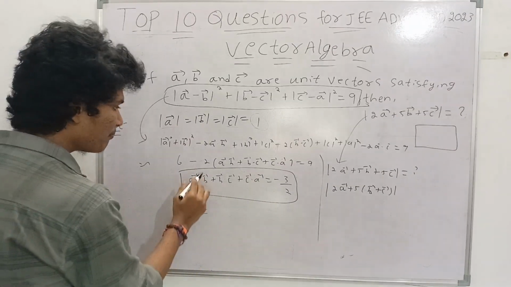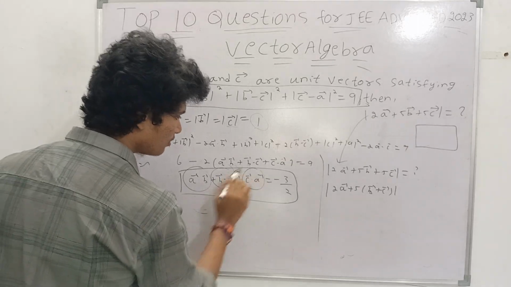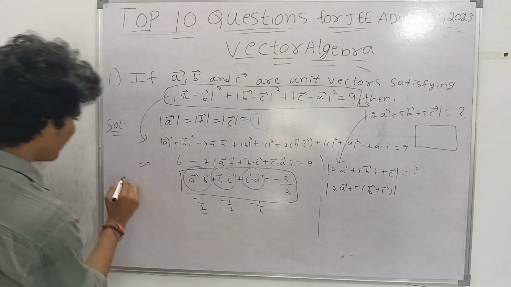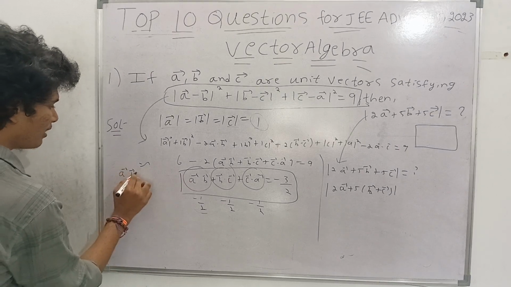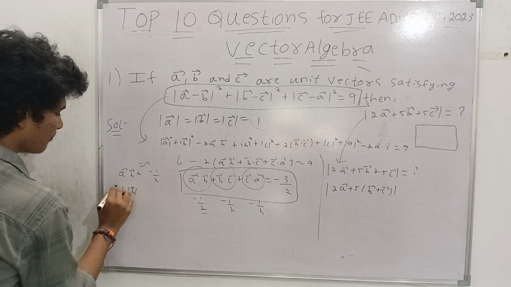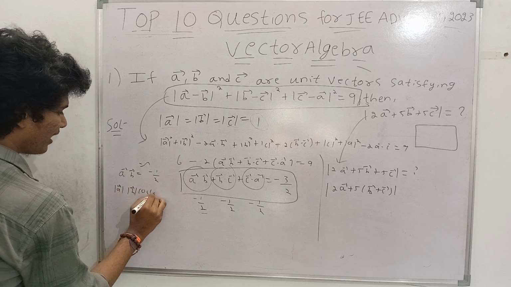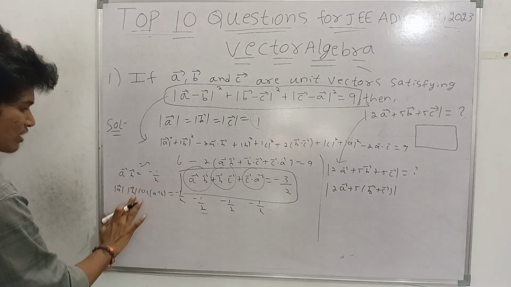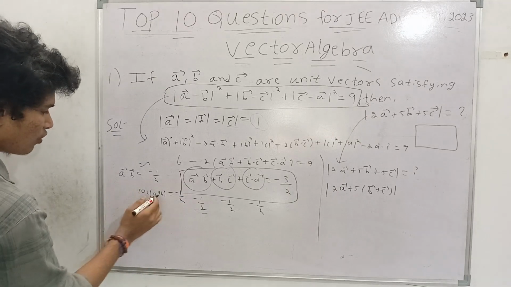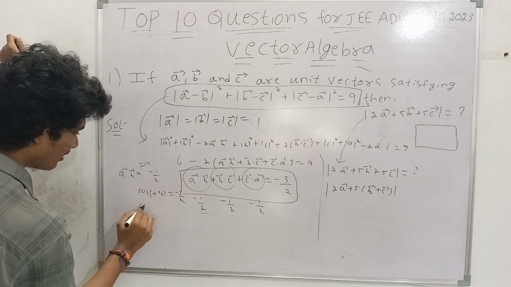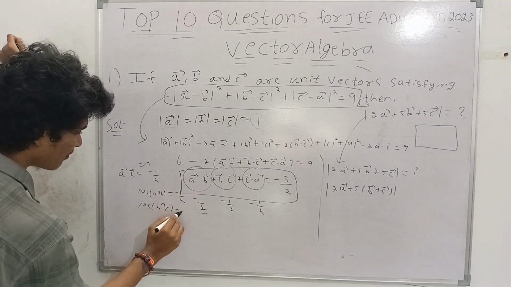So how is it divided between these three terms? Suppose A dot B is minus 1 by 2, that is magnitude of A into magnitude of B into cos of the angle between A and B equal to minus 1 by 2. These are unit vectors, so I can remove the magnitudes. So cos of the angle between A and B is minus 1 by 2, and also for B and C, and for C and A, each is minus 1 by 2.